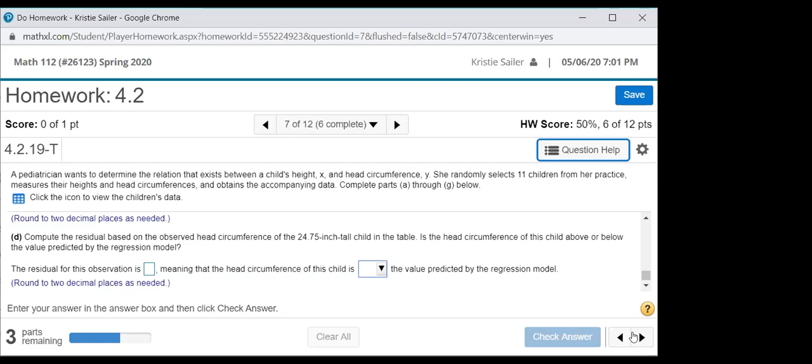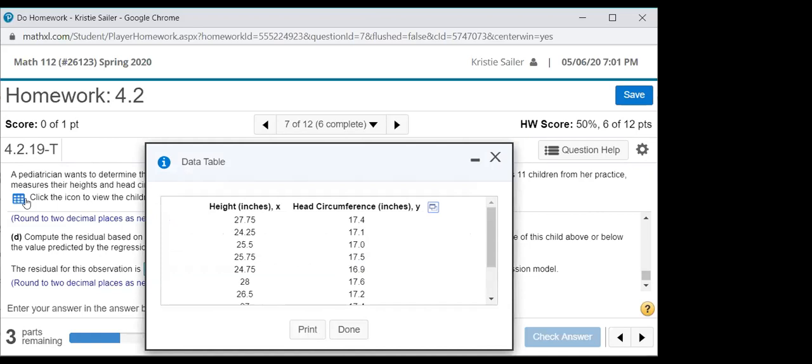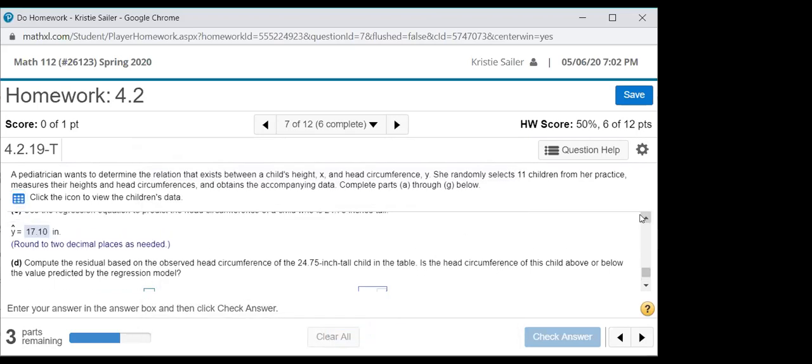So click on your icon to view the data. Look at your height. That was 16.9, right? So the data shows that the child had a head circumference of 16.9, yes? And your model predicts it to be 17.10.